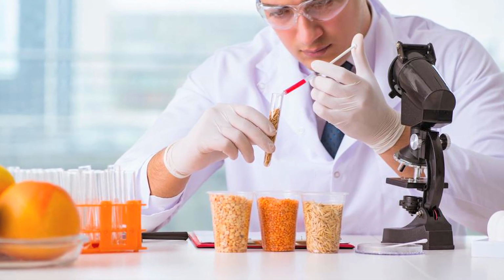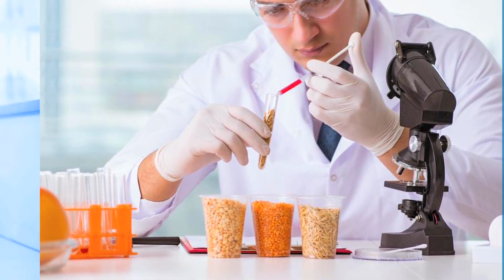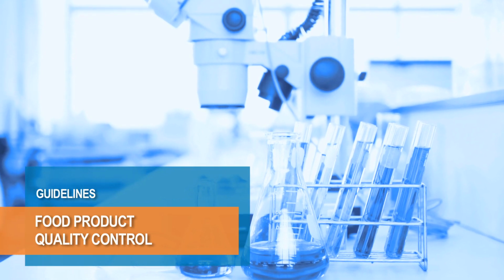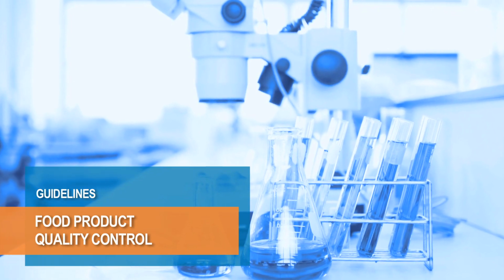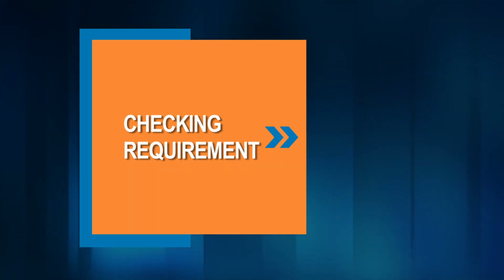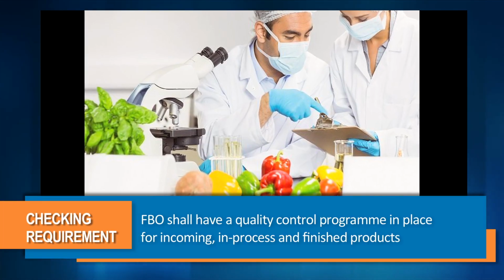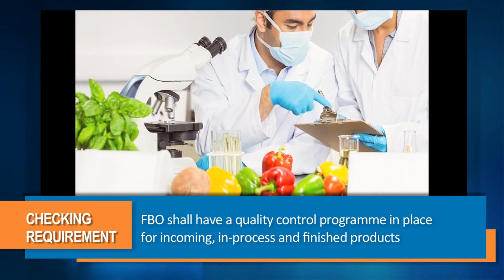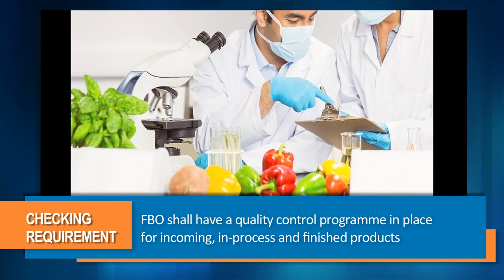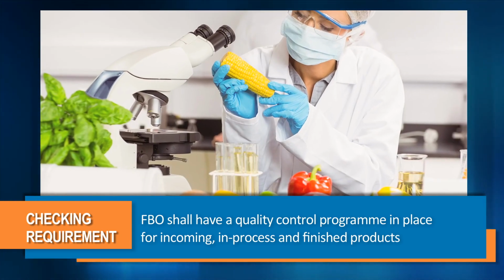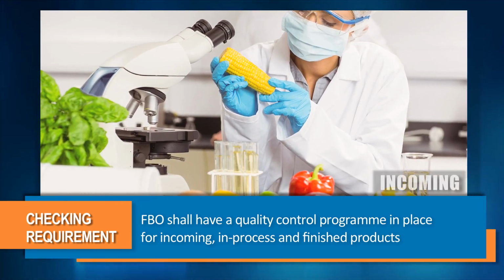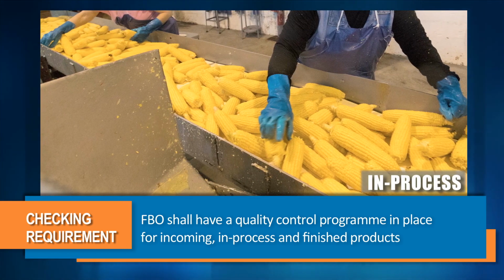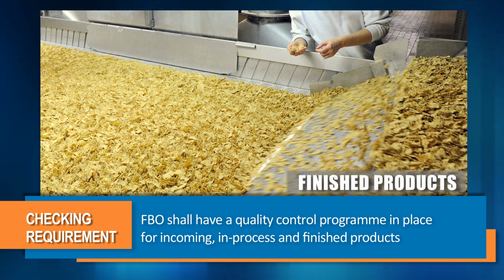In this video, we will learn about best practices for quality control of food products. The food business operator shall have a quality control program in place to include inspection and testing of incoming, in process, and finished products.